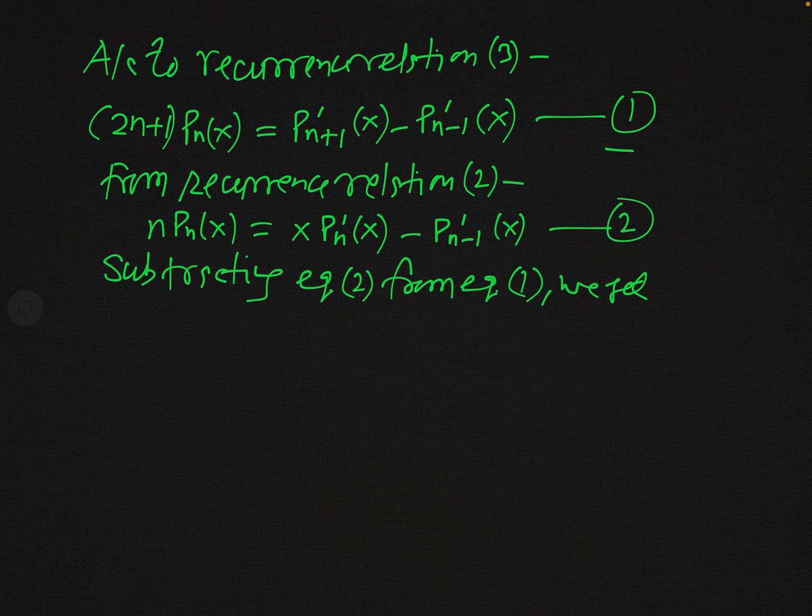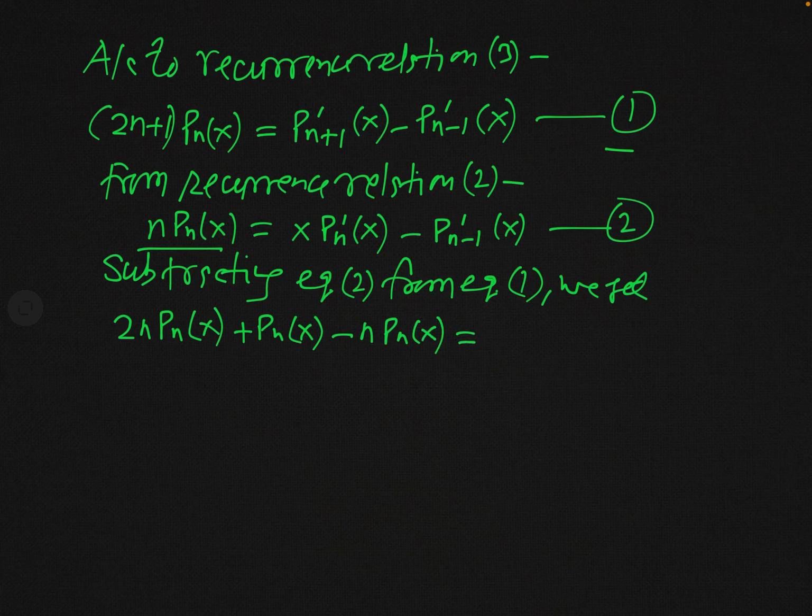You can see, in LHS of the first equation, there is 2n into Pn of x, plus Pn of x, and minus LHS of equation 2, which is n Pn of x. So this will be minus n Pn of x.